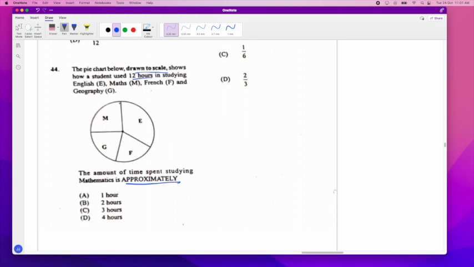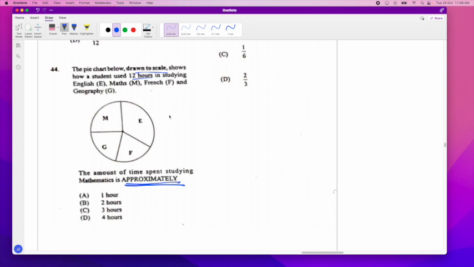Now we could tell maths is looking 90 degrees-ish. Unless they give us an indication that it is 90 degrees, we could never just assume. But it is looking 90 degrees-ish. It might be 89 degrees. It might be 91 degrees. That is why they have this big approximately here.